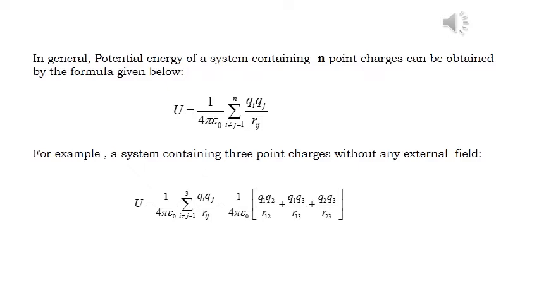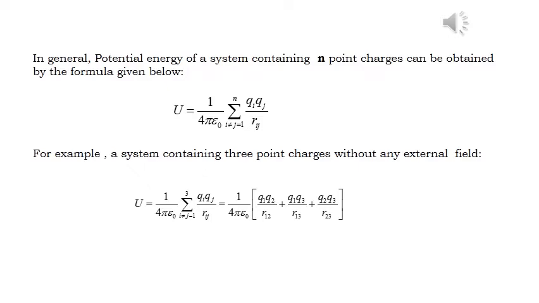For example, if we consider a system containing 3 point charges q1, q2, q3 without any external field, that is E vector equals 0, then what is the potential energy associated with this system? U equals 1 by 4 pi epsilon naught times the summation of qi qj by rij, where i is not equal to j and varies from 1 to 3.